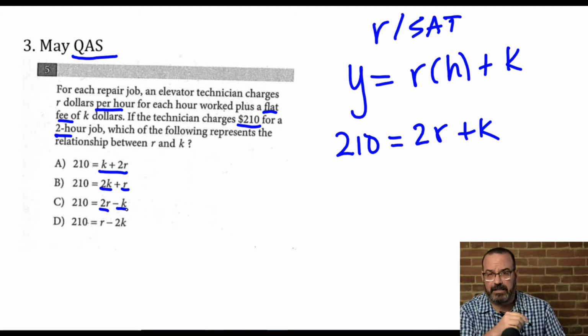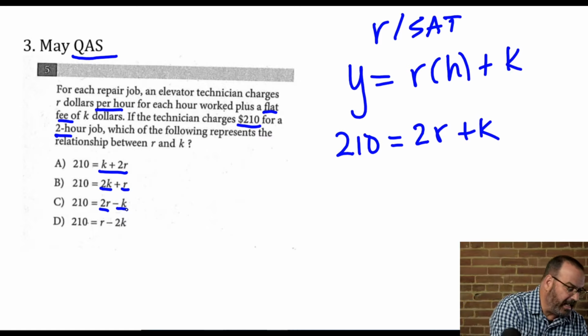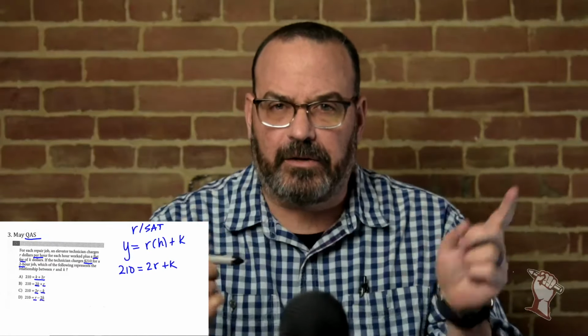No repair technician is going to take off their flat rate. And this one is the slope minus 2 times the flat rate. So they try to do every possible way you can get it wrong, and it looks really confusing. So just remember to write it as y equals mx plus b. What's b? Flat fee. What is rate? Per hour. Slope is our rate.